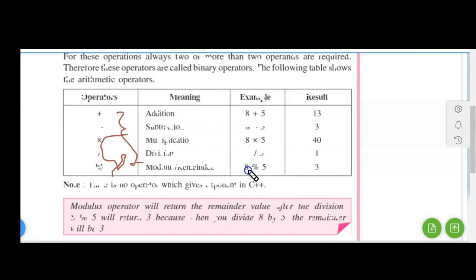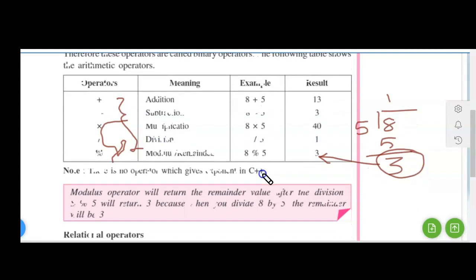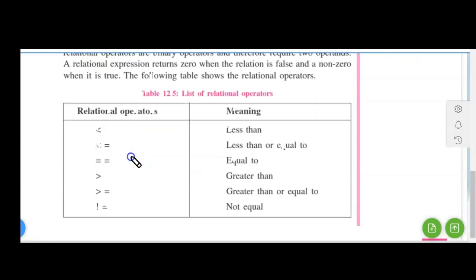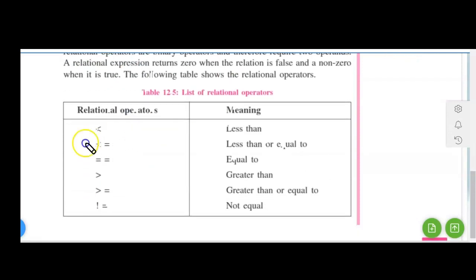Multiplication, division, everything. But you can see here when it is mod, it takes up this result. So that is the use of a mod operator.